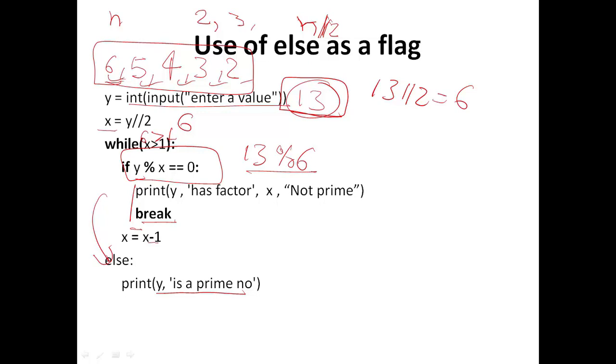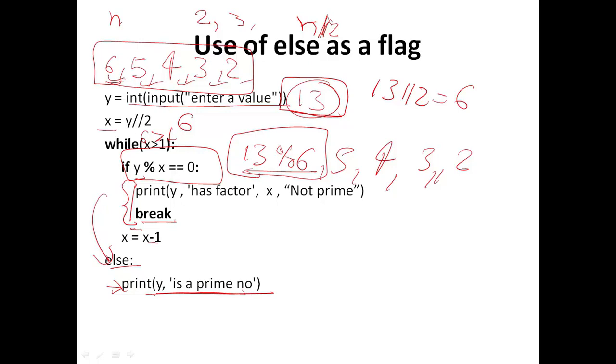So this evaluates to false, then 5 false, then 4, then 3, then 2. In all these cases the condition is false, so we will never execute these two statements. We will execute the else statement and print the message that y is a prime number.